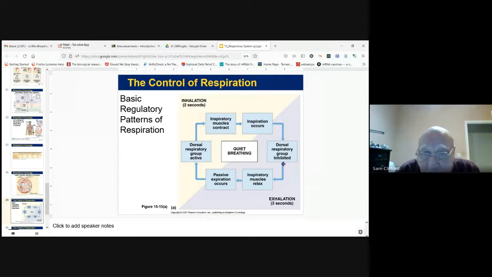She's pretty old. So in quiet breathing, you have the dorsal respiratory group, the stimulation of your muscles. The diaphragm contracts. You have inhibition of the dorsal respiratory group, and then you have contraction of the diaphragm. The volume of the pleural cavity increases, and then the inspiratory muscles relax, so the volume in the lungs decreases, and so you have inspiration and then expiration.